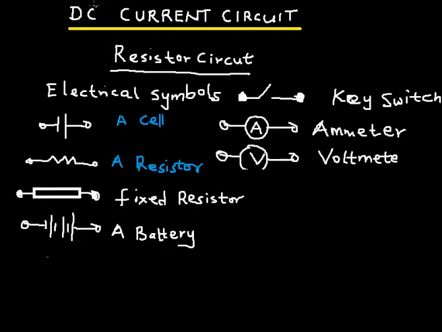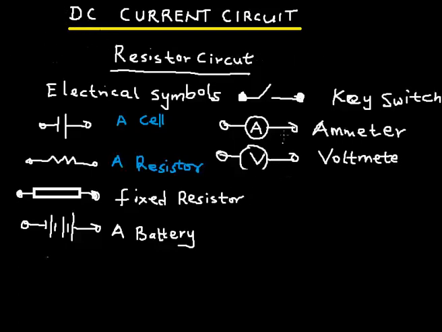Now in this video we are looking at DC current circuits. DC here is the abbreviation for direct current. As you already know, a direct current is a current that is steady throughout the time interval. The opposite of DC current is alternating current.